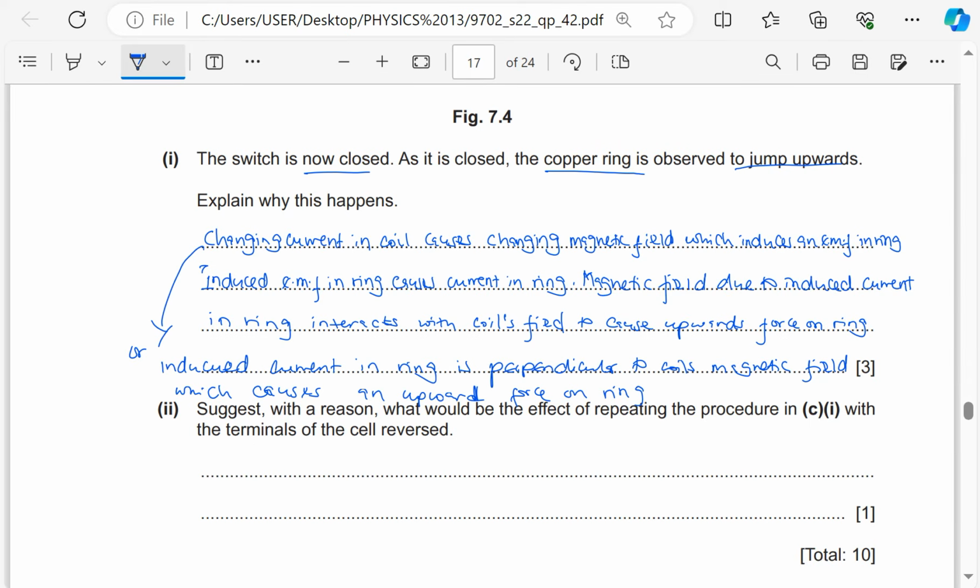So as long as the induced current is perpendicular to the coil's magnetic field, still there will be a force on the ring.